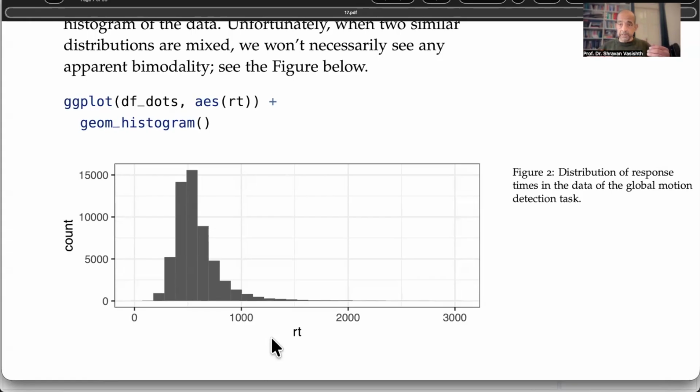Sometimes you can see a mixture process, right? If they're very different distributions, then you'll see two bumps like a bimodal distribution. But if the means are very close to each other, then you will see what looks like a unimodal distribution, but underlyingly there could be two distributions that are producing the data, but they're not visible.